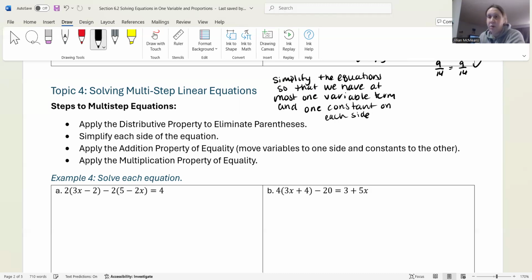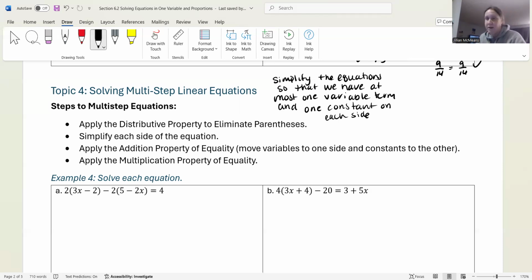Once you get to this point where you have at most a variable term and a constant on either side of the equation, then you know it's time to apply the addition property of equality and the multiplication property of equality. You never want to start moving things around until you get your equation as simplified as possible.